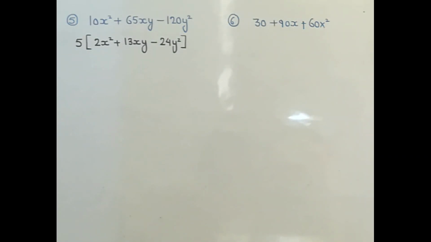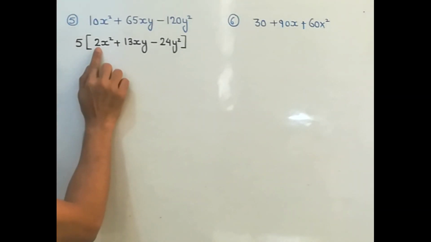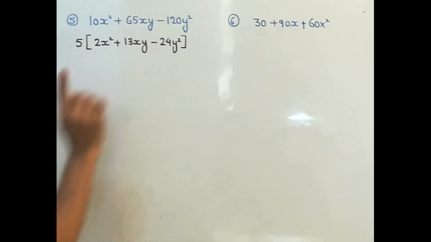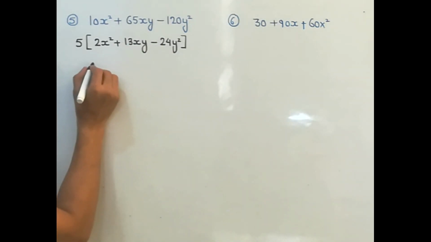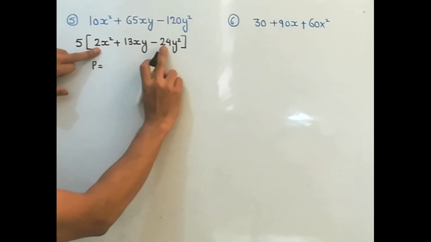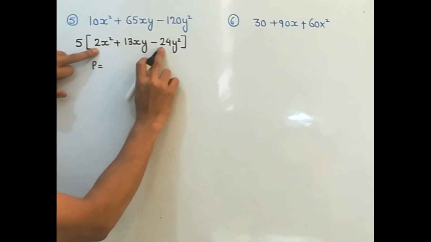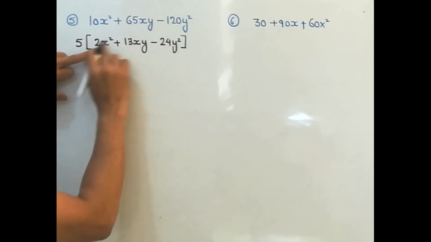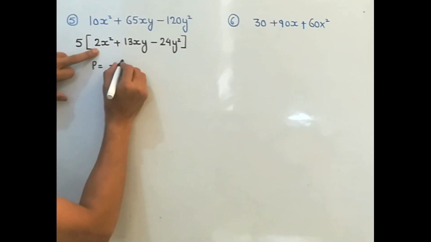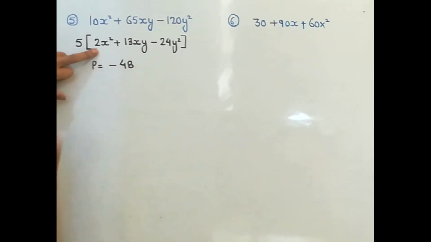In the starting we did that the basic step of factorization is taking common. First of all we have to look for a number, a literal factor or a numeral factor that can be taken common. After taking common, now you can say it is again in the form ax square plus bx plus c. So your first step will be to find the product of a and c. You can see a is positive, c is negative. So the product of a and c will be negative 48.